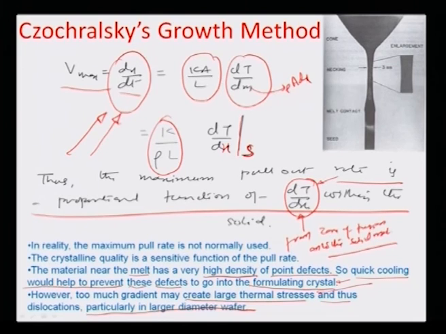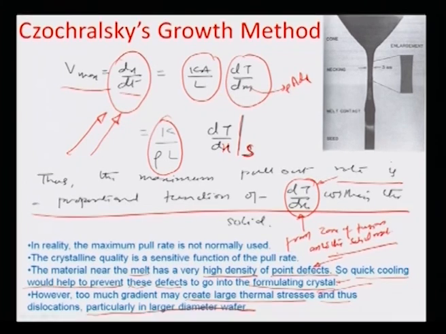It is sometimes not a yield based decision. It is based on the purity of the material, particularly because we are growing single crystalline silicon here, purity in terms of point defect density, and also thermal stress created dislocations. So it is a function of a lot of other quality parameters for the wafer apart from the yield.